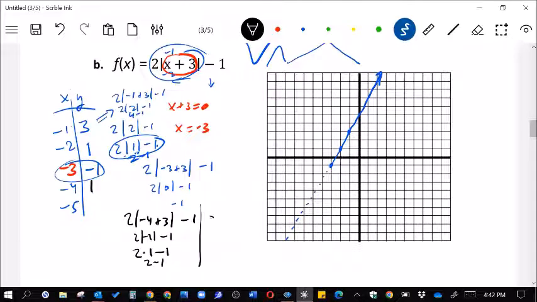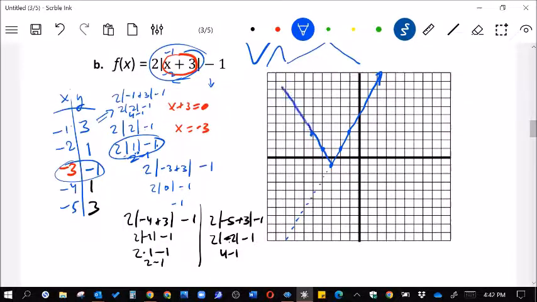And then the other one, 2, -5 plus 3 minus 1, that's -2. But -2, absolute value of -2 is 2, so 2 times 2 is 4, so it's 4 minus 1, so that's a 3. So -4 and 1, -5 and 3, and it becomes like the mirror image of the right side line.